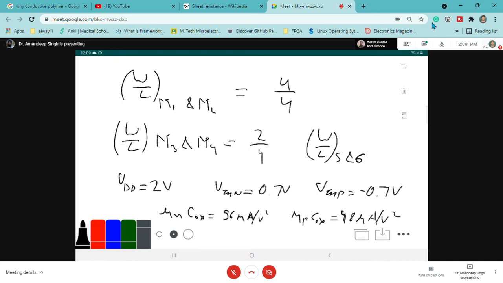1/3. 1/3. It should be equal to 1/3. W by L is equal to 1/3. Okay. बाकी किसी और का भी 1/3 है?